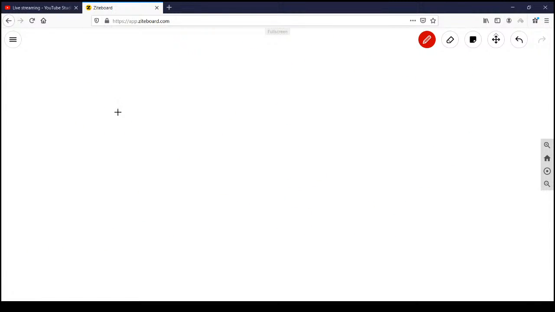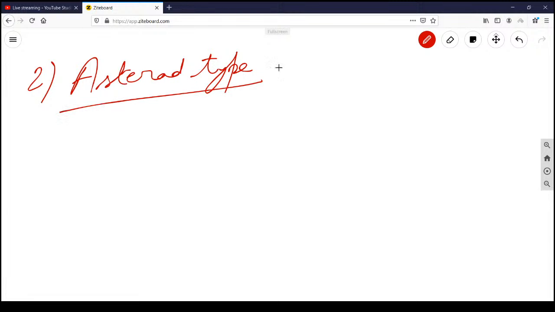The second type is known as the Asterad type.